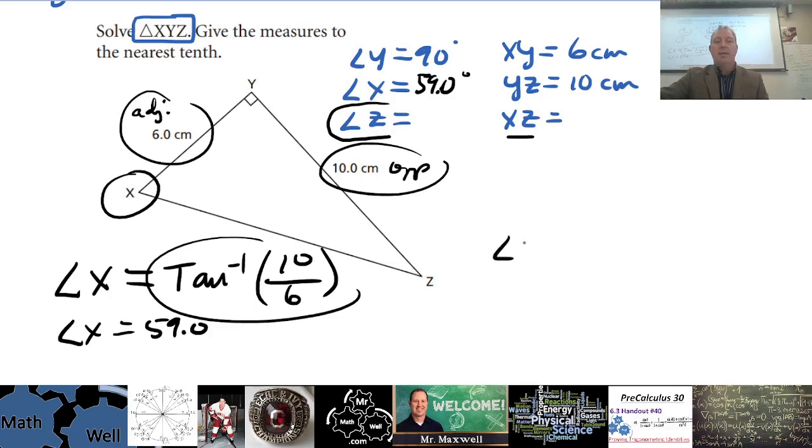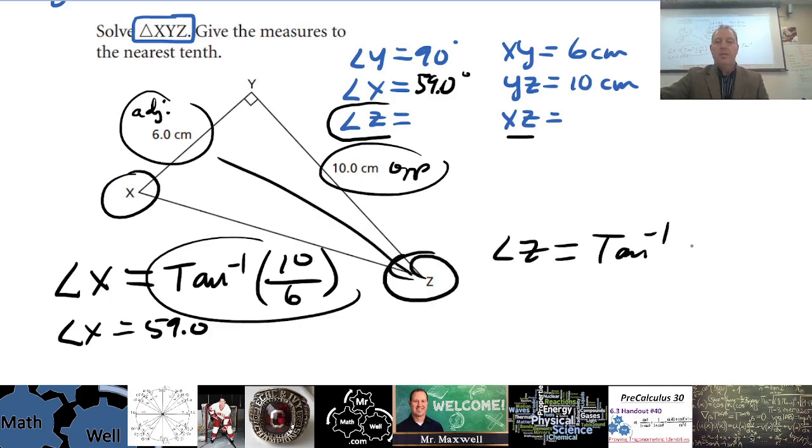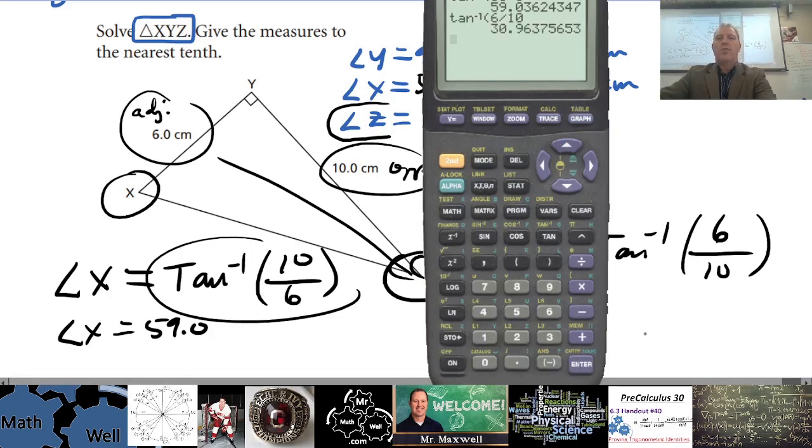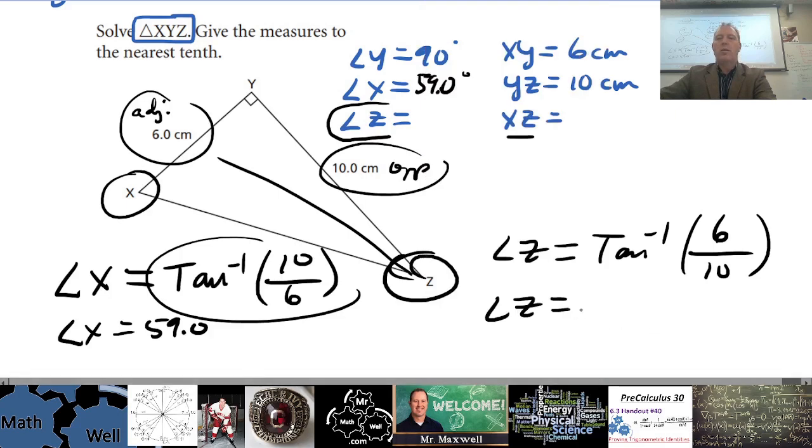Angle z is tan to the negative 1 of, from angle z, the opposite is going to be 6 over adjacent is 10. So it's not 10 over 6, it's 6 over 10. So that would be tan to the negative 1 of 6 divided by 10, or you can just put in 0.6 if you want. 30.96 or 31. 31 degrees. Okay. That's one way you could do it.